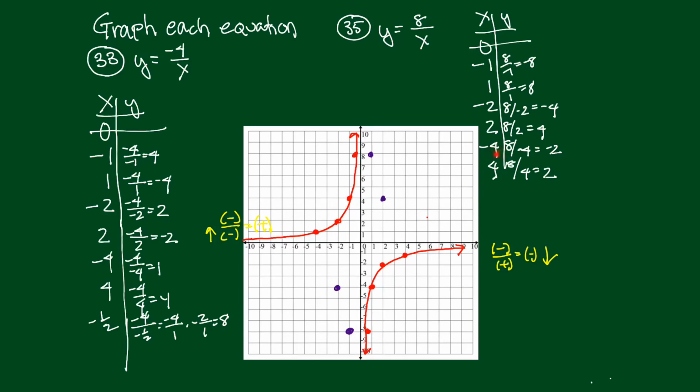So from this one, we're going to go to the left 4, down 2. Starting at the origin, to the left 4, down 2 puts us here. And then this one here, to the right 4, up 2. Start at the origin, to the right 4, up 2 puts us here.